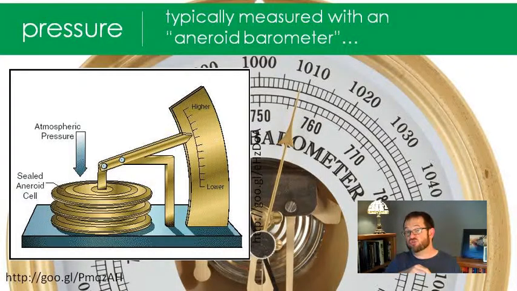It's a partial vacuum inside of it, and the pressure of the air around it can crush that little can a little bit, or if the pressure is lower around it, the little can can stretch back out. And then there's a series of levers and hinges that connect that canister to a needle. And so as the pressure changes and that little canister expands or contracts, it can move a needle from side to side and give you a good approximation to the air pressure.